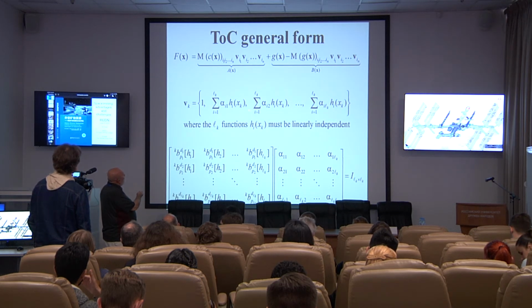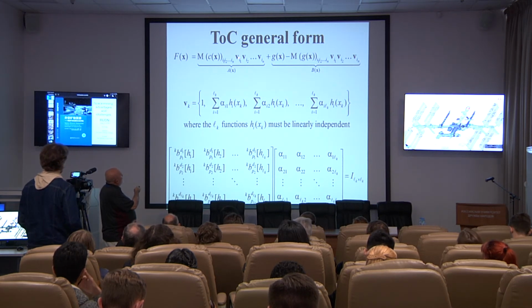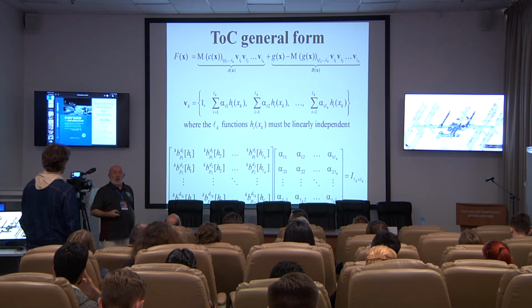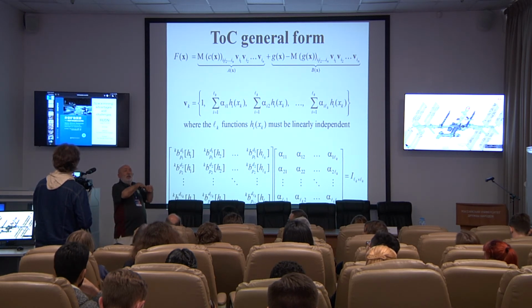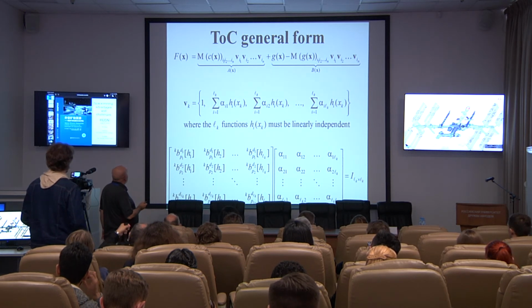So you are free to choose a set of functions hi. In this case, the variable k is subject to LK constraints, okay? And this constraint must be expressed as a function or derivative, second, third derivative, it doesn't matter.